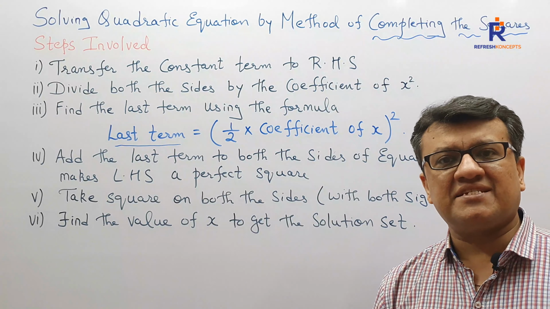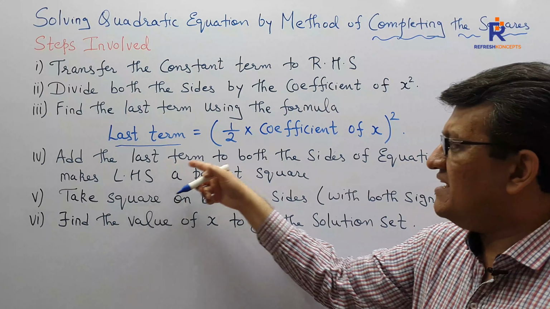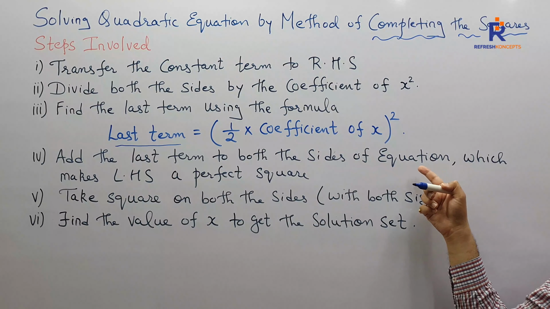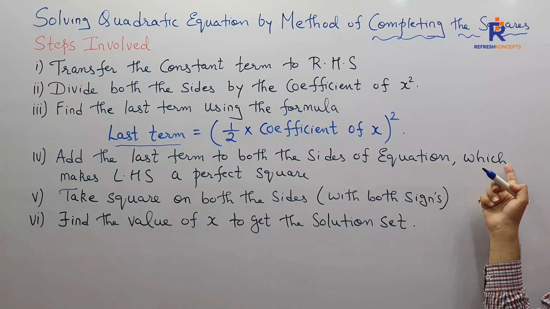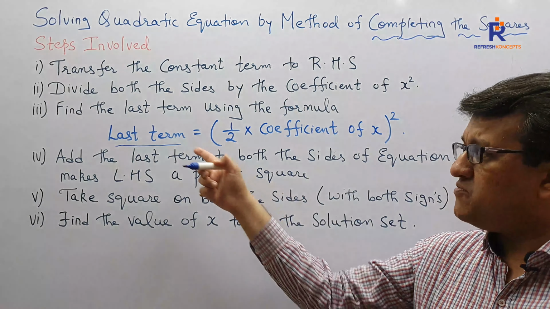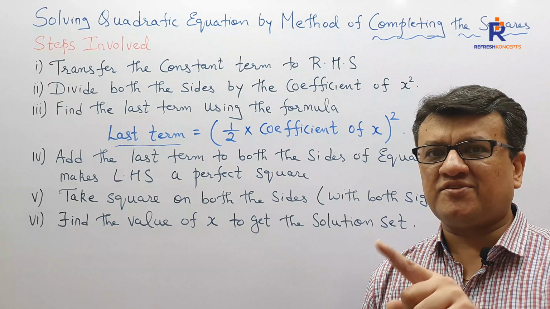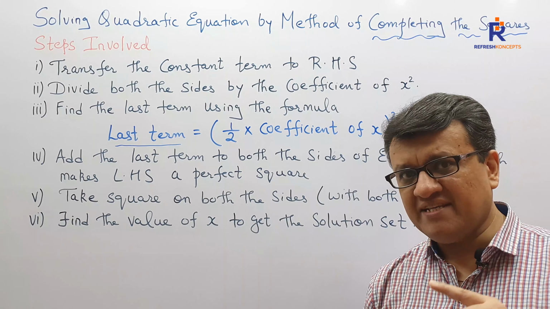After finding the last term, add the last term to both the sides of the equation, which makes LHS a perfect square. So having found the last term, we need to add that last term on both the sides of the equation, LHS as well as RHS.